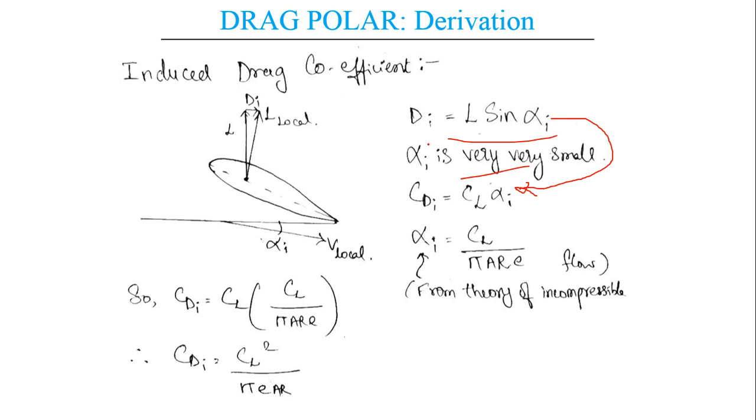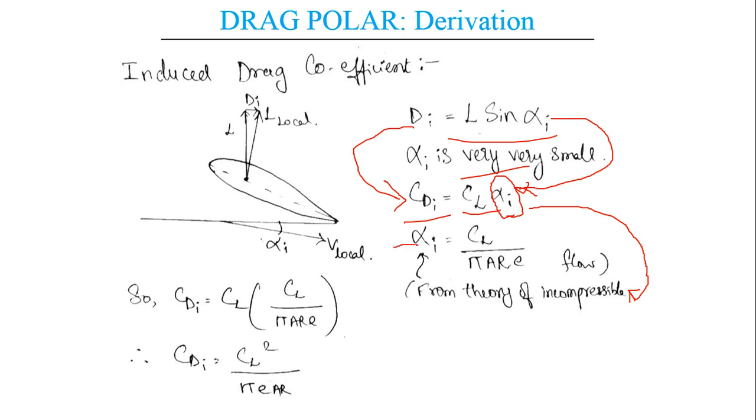And when we convert these terms into coefficients, we can write the induced drag as CDI, and the lift can be replaced with the coefficient of lift term. So here another equation is introduced, as we don't know the value of alpha I. Basically, alpha I is the induced angle of attack, which is obtained from the theory of incompressible flow.